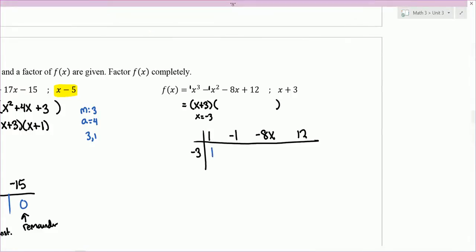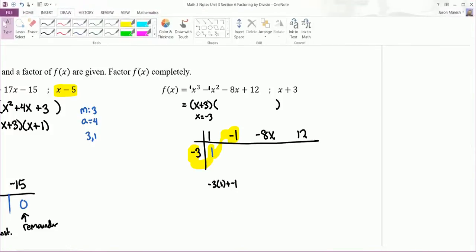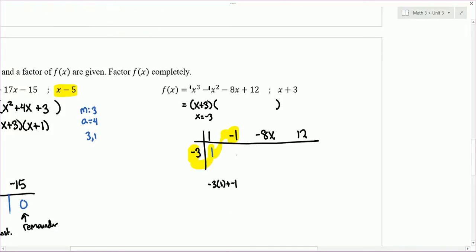Then we multiply -3 times 1, and then add it with the -1 here. So -3 times 1 plus -1 comes out to be -4.